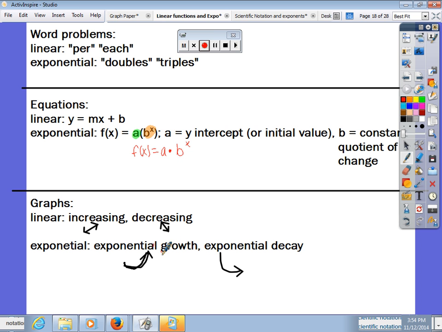Growth happens if your b is greater than 1. Decay happens if your b is less than 1. And that makes sense. Your b is never going to be 1, because if it was 1, it wouldn't be growing at all. It'd be staying the same. So if b is greater than 1, then it's growing. If b is less than 1, then it's decaying.